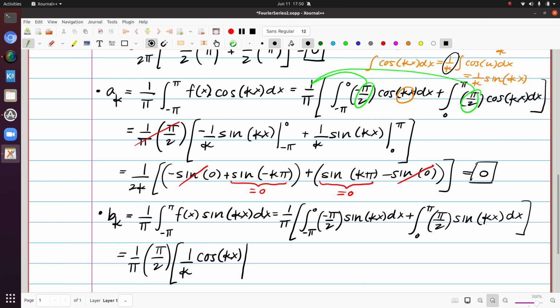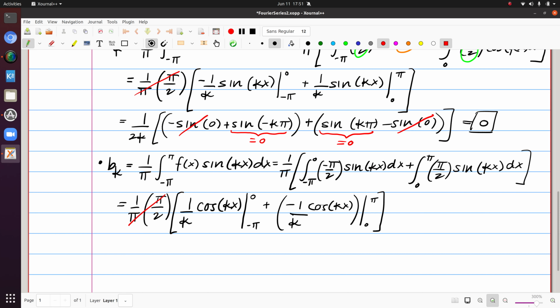This is evaluated from minus pi to 0. And then the antiderivative of positive sine is actually now negative cosine kx. And again, I'm going to bring out a 1 over k, evaluating this from 0 to positive pi.